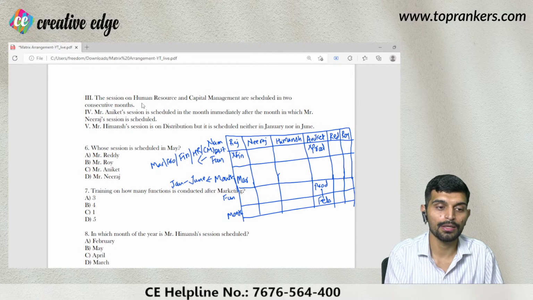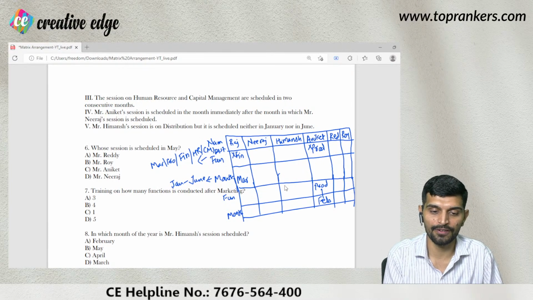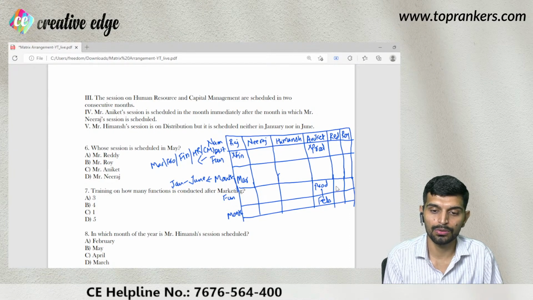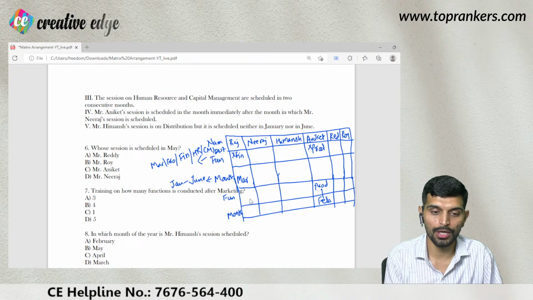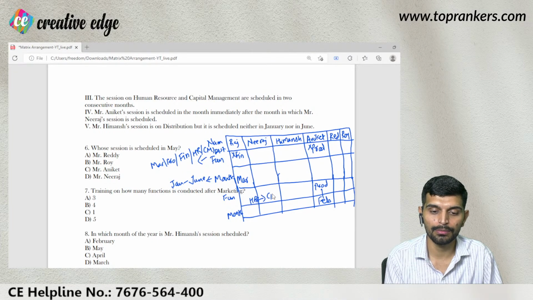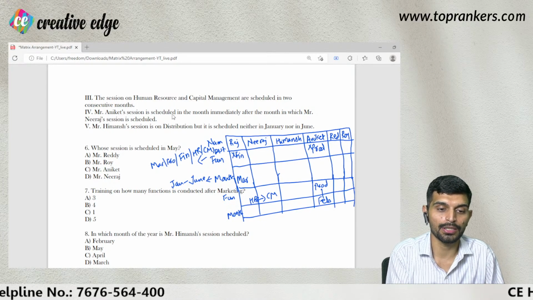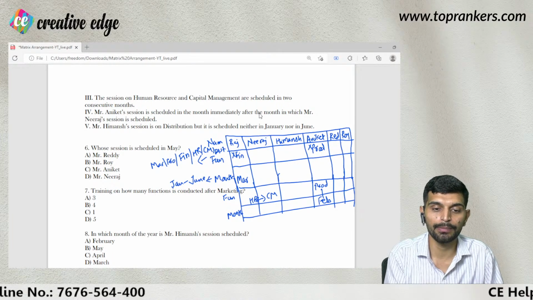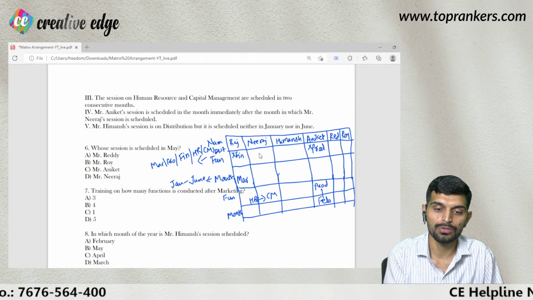Clue number three: the sessions on HR and capital management are scheduled in two consecutive months, right? So HR and capital management back to back. Aniket's session is scheduled in the month immediately after the month in which Mr. Neeraj's session is scheduled. So Neeraj first, then Aniket.